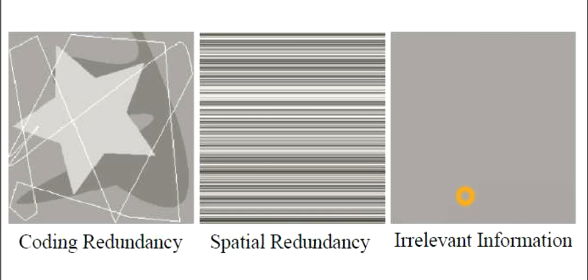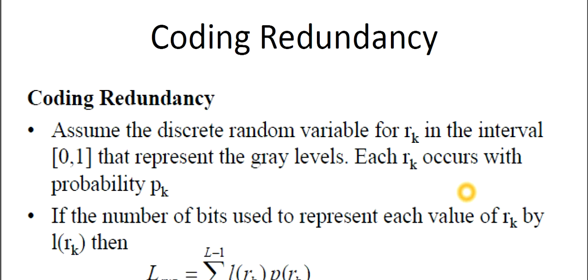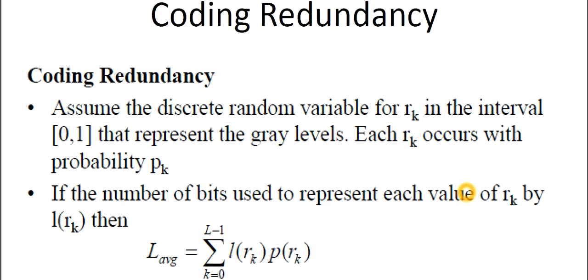So let's start today's class. For coding redundancy, say the discrete random variable rk in the interval [0, 1] represents the gray levels. Each rk occurs with a probability pk.